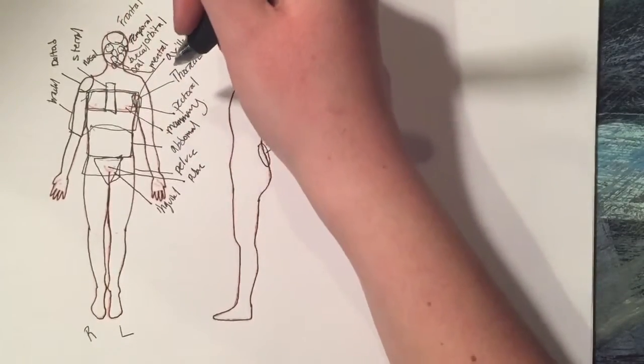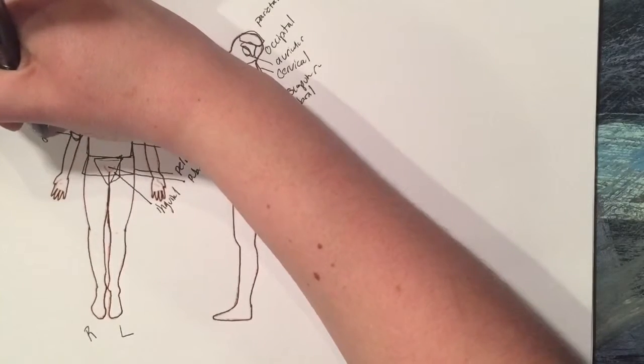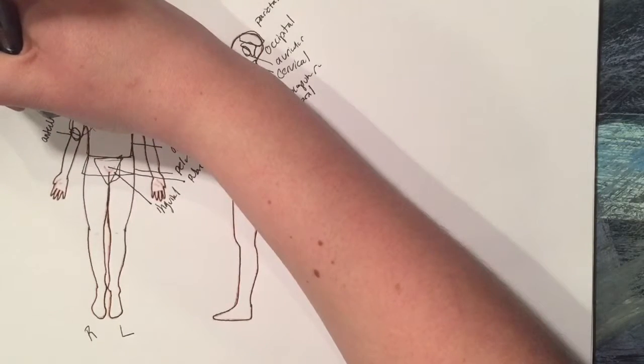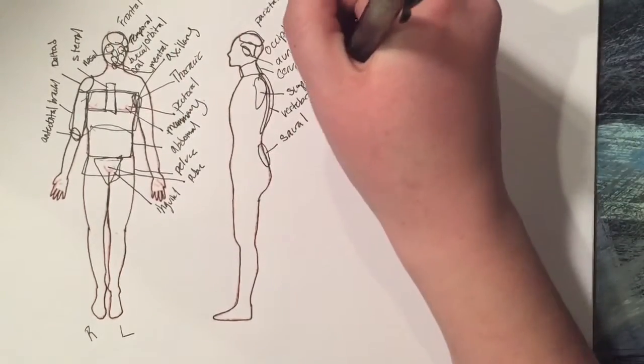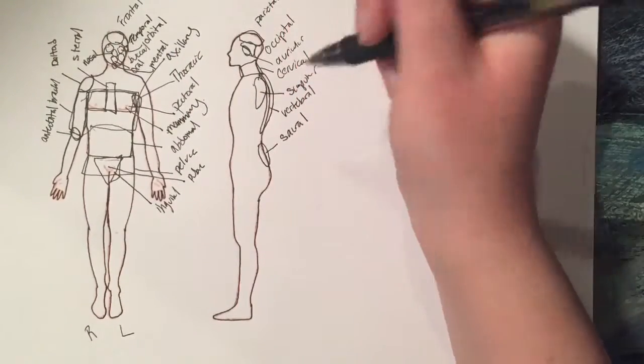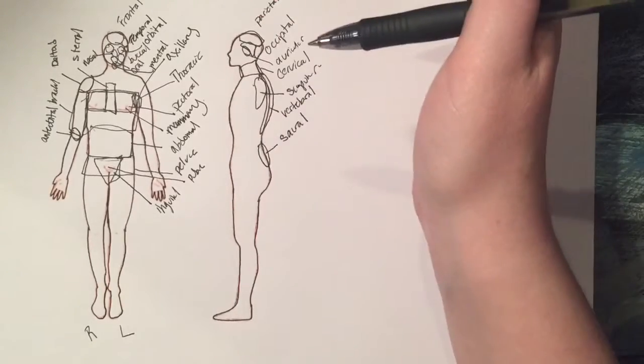So the front of your elbow, it would be antecubital. And then the back of your elbow is either cubital or olecranon, depending on what your teacher's preference is and how they're going to use it.